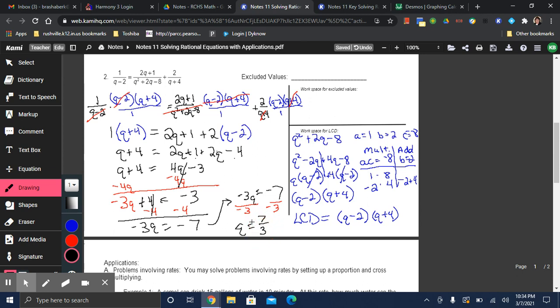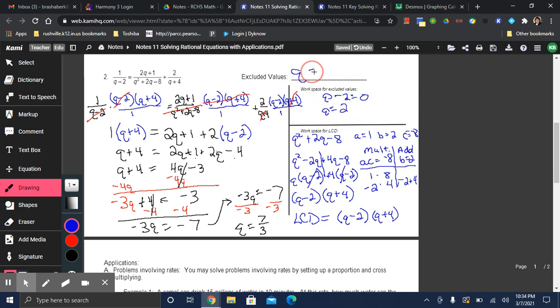So we just need to see if we have a restricted value or an excluded value. One denominator that we need to check is q minus 2. So q minus 2 equaling 0, we can add 2 to both sides and get q equals 2.